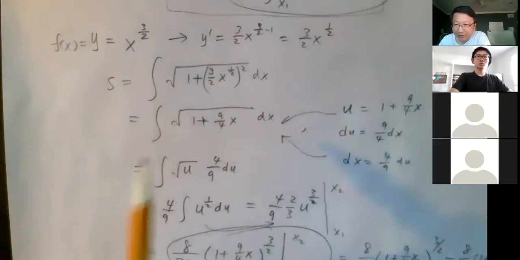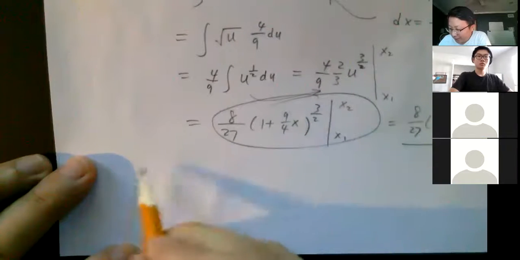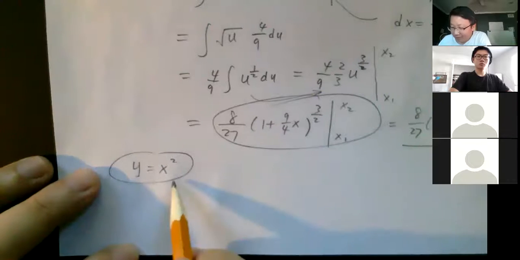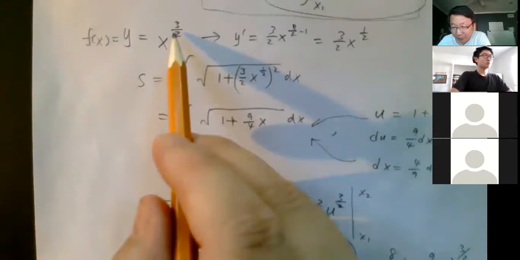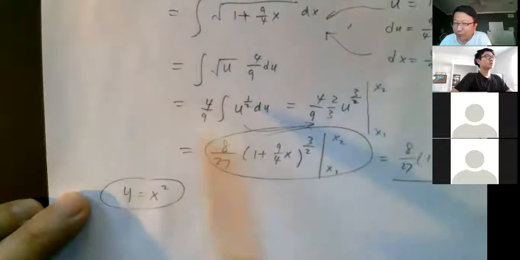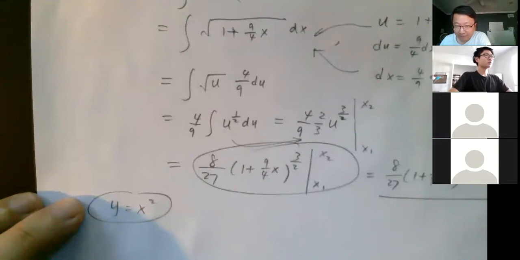For example, you can try y equals x squared. This actually looks like a much simpler function originally compared to x to the power 3/2. However, this one is much harder to integrate. You can give it a try. It's a lot harder, right?